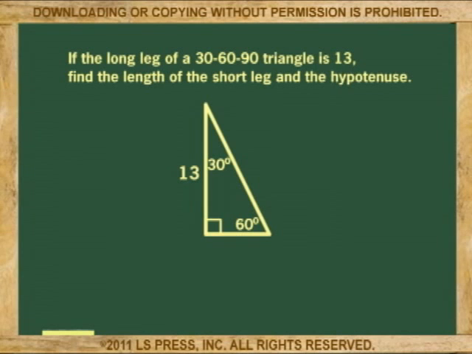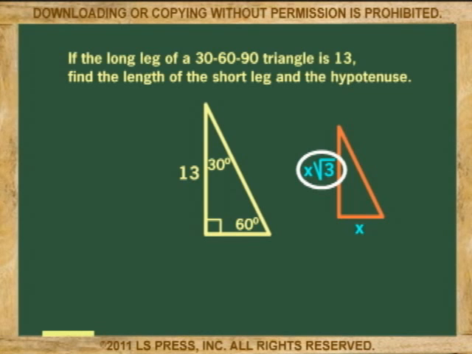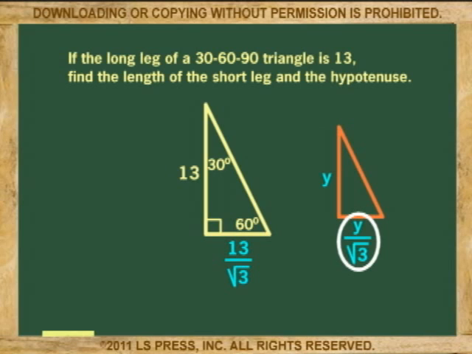Another example. If the long leg of a 30-60-90 triangle is 13, find the length of the short leg and the hypotenuse. To find the long leg, we multiply the short leg by the square root of 3. But to find the short leg from the long leg, we must do the inverse and divide by the square root of 3.